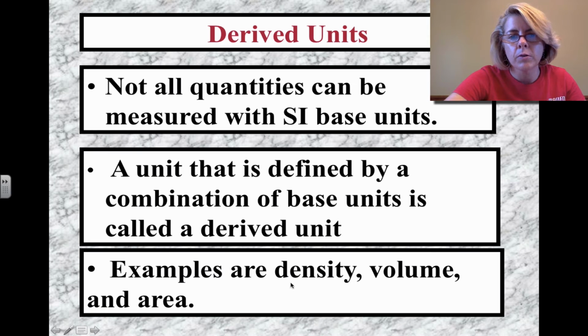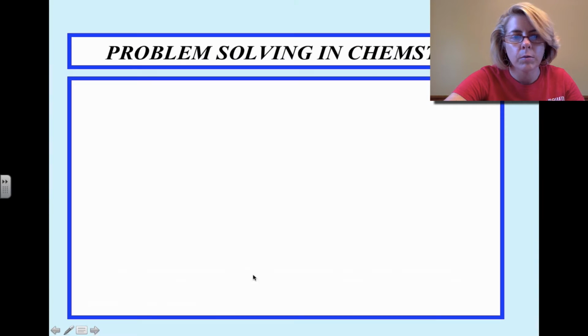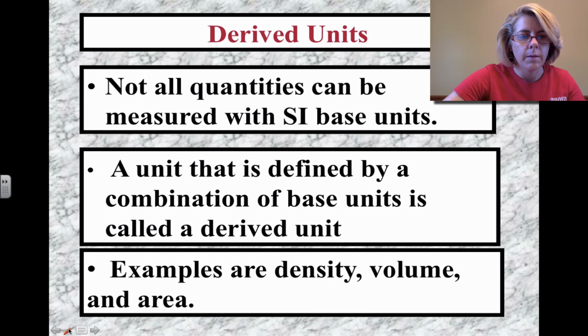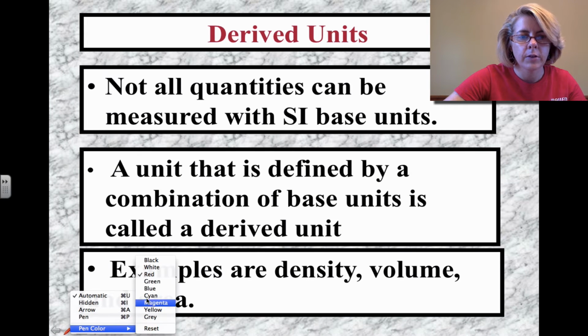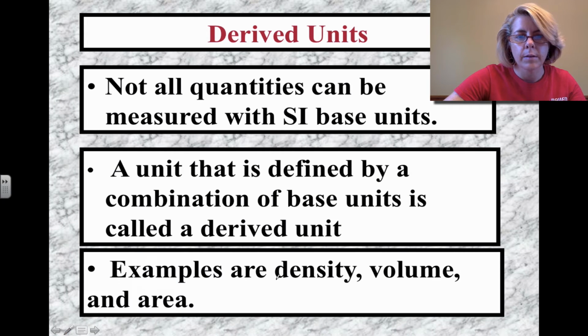Some of those derived units are density, which we've done in past science classes. Notice that volume was not on that original slide, and also area. So these 3 are not something that you can measure with the base units. You have to derive them.